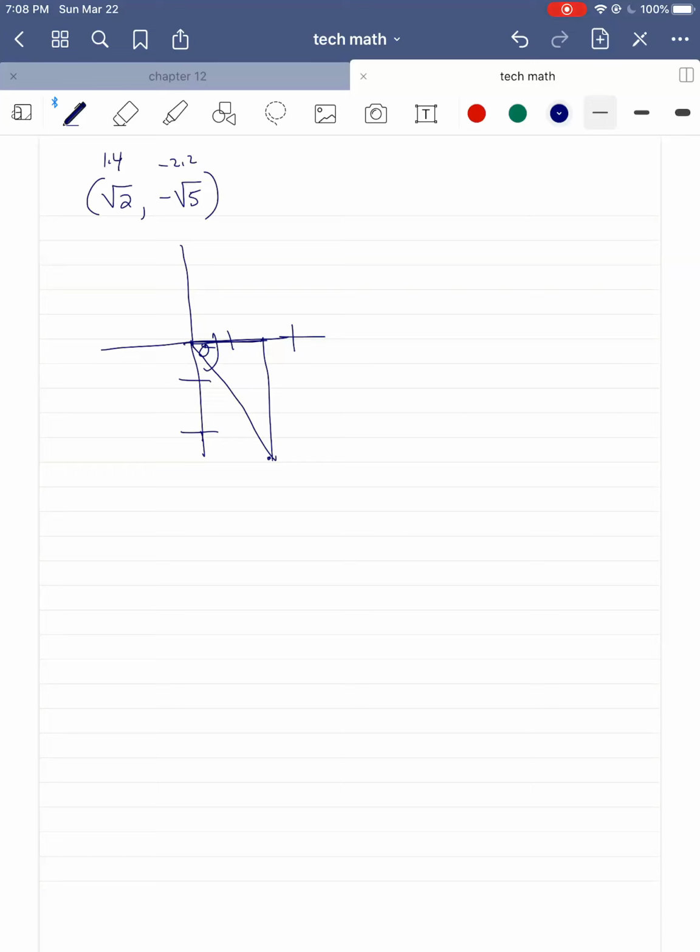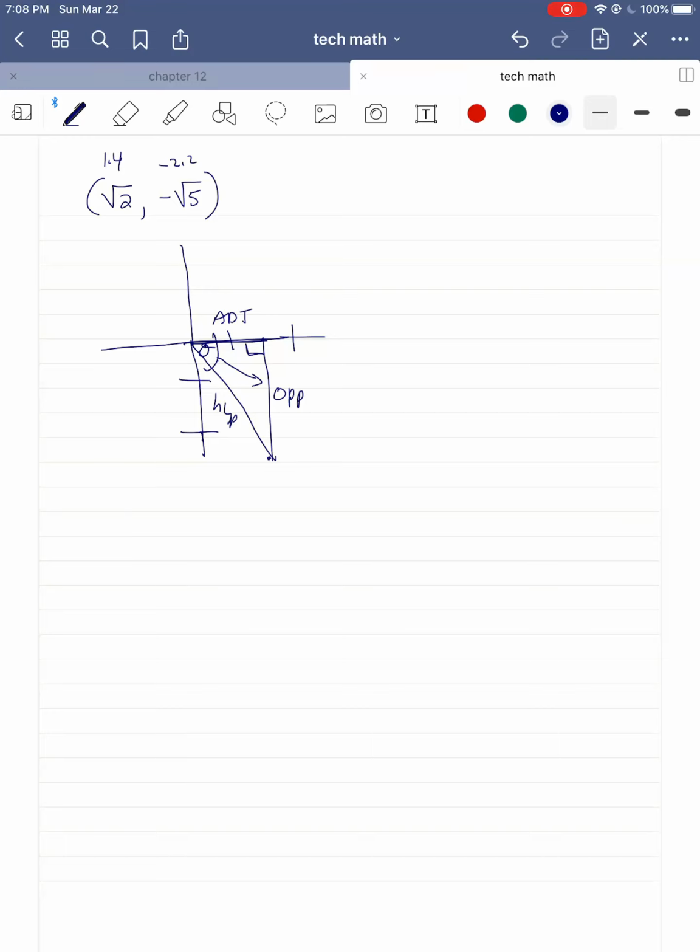There's my angle. This is hypotenuse, this is adjacent, and this is opposite side. Again, it's opposite because this is theta over here. This is the opposite side. The only two sides that touch the angle are the adjacent and the hypotenuse, and if it's not the hypotenuse, it's got to be the adjacent side.